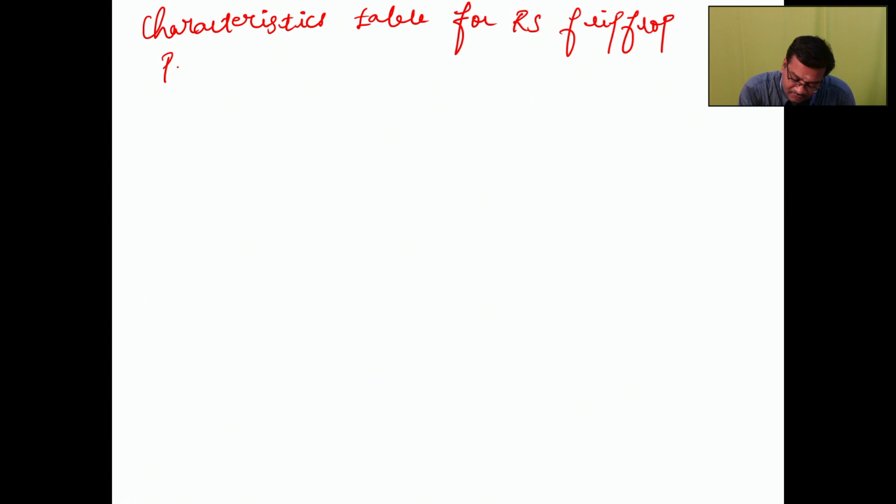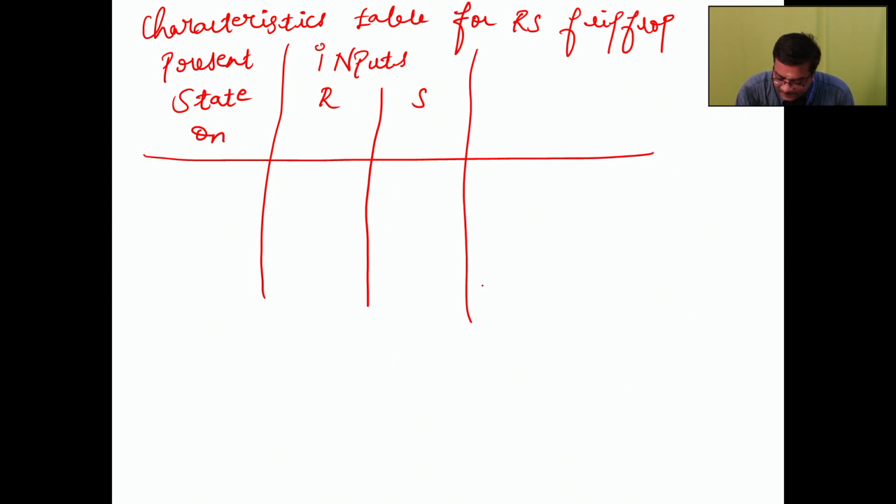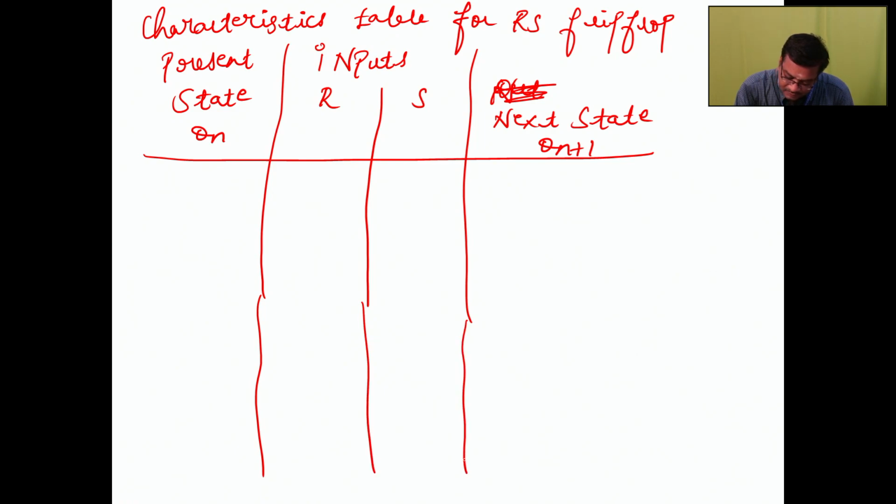In the characteristics table we are going to consider the present state, Qn, the inputs S and R, and the next output, that is nothing but the next state, Qn plus 1.